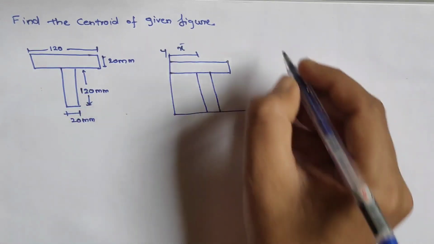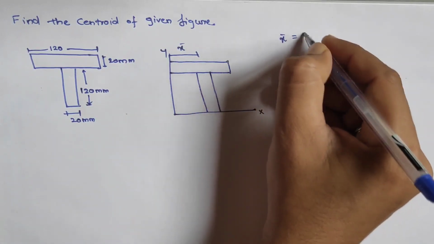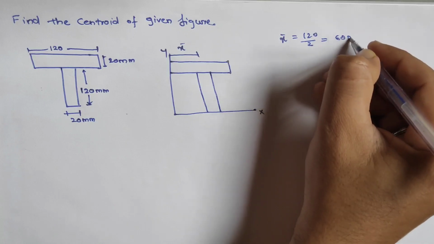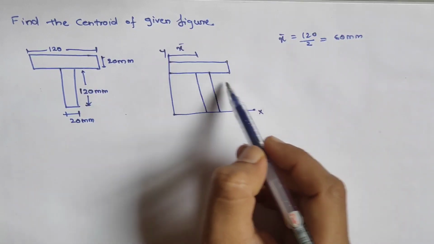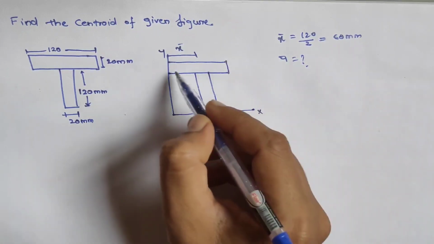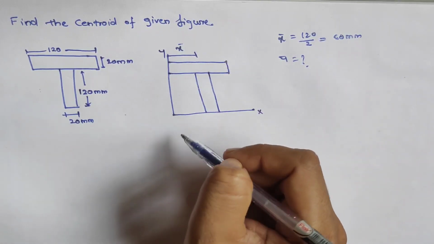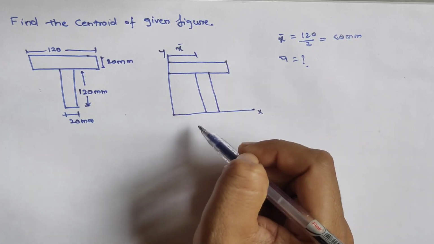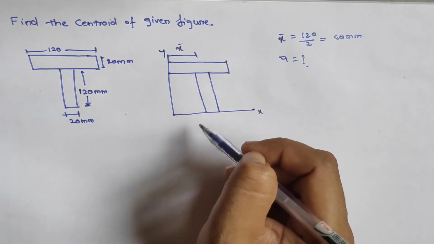So x bar will be 120 divided by 2, that is 60 mm. But we don't know the value of y bar. We need to find y bar because it is not a simple figure, it is a T section. Now we are going to start with the solution.